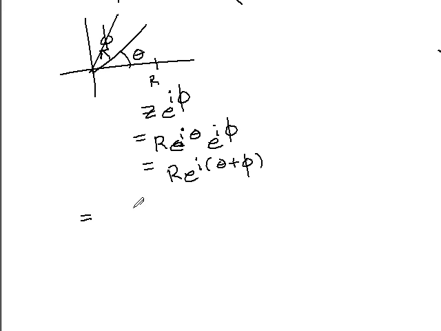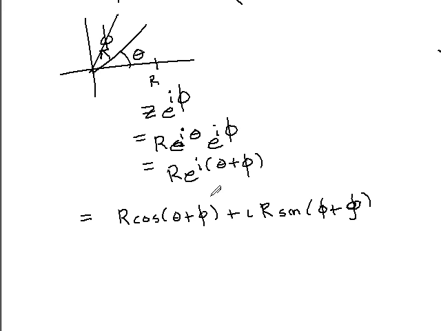If you use the Euler formula on this, this is r cosine (theta plus phi) plus i r sine (theta plus phi). Excuse me, let's correct that a little bit: theta plus phi there.